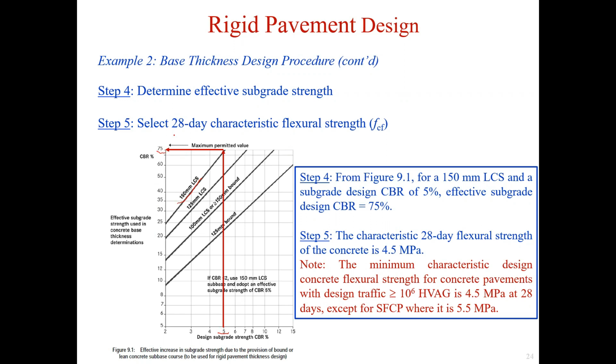Step 5 is to select the concrete 28-day characteristic flexural strength, FCR, which is given in the question as 4.5 megapascal. This also meets the requirement of minimum characteristic design concrete flexural strength.